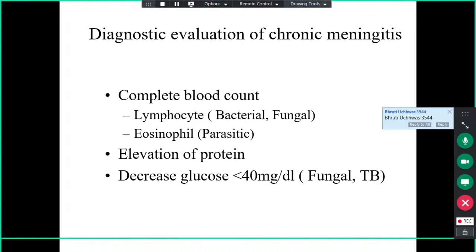So for diagnostic evaluation of chronic meningitis, what are the things we can do? One is, like I said, pleocytosis.